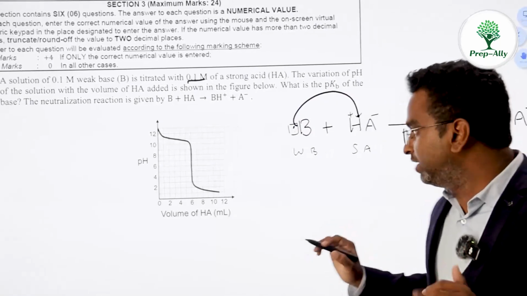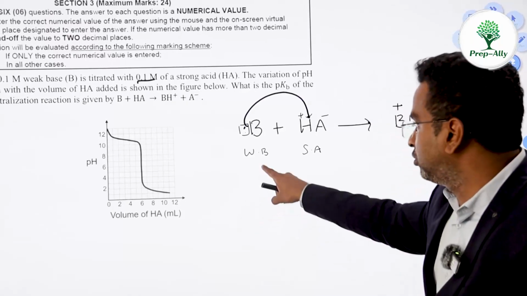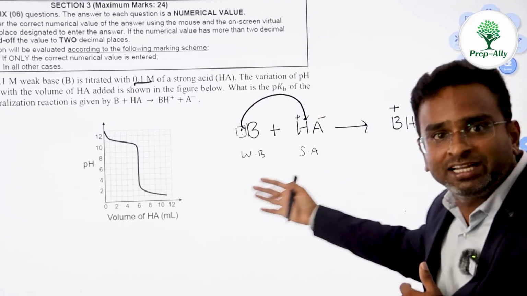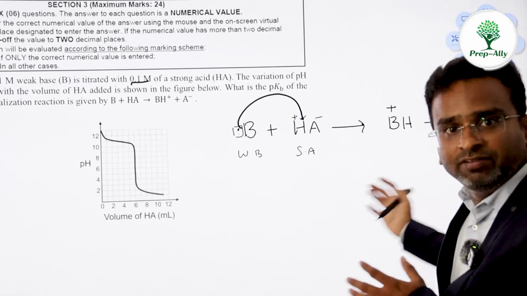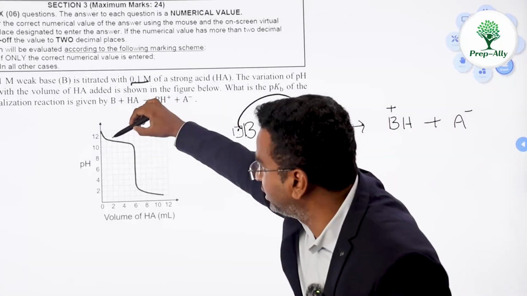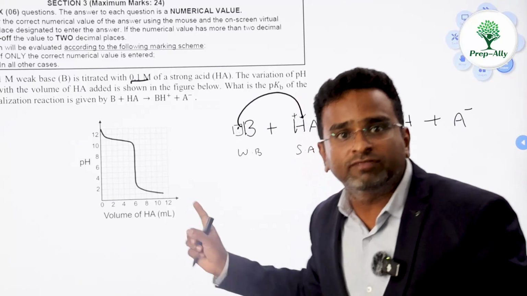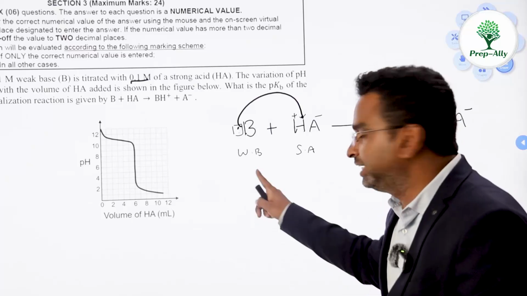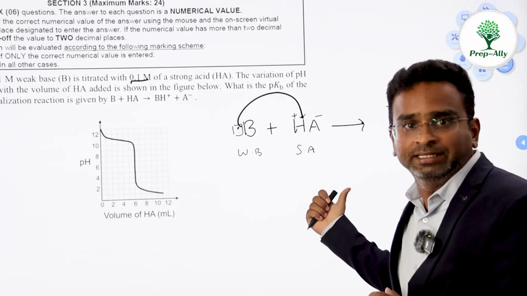Now the unreacted weak base and the so formed conjugate acid combination will serve as a buffer. That's why, if you observe carefully in that graph, initially the pH is decreasing slowly because of the formation of a basic buffer, formed due to the unreacted weak base and the so formed conjugate acid.